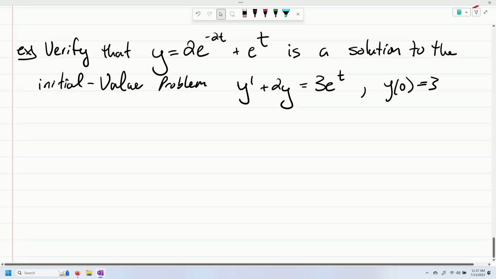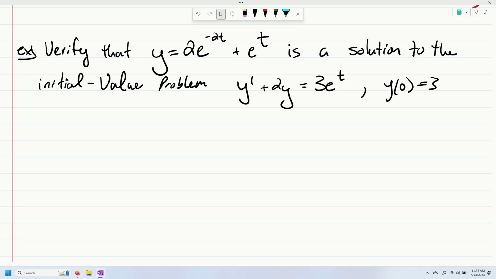I'm going to repeat it one more time. Verify that y equals 2e to the negative 2t plus e to the t is a solution to the initial value problem y prime plus 2y equals 3e to the t with initial values y of 0 equals 3.